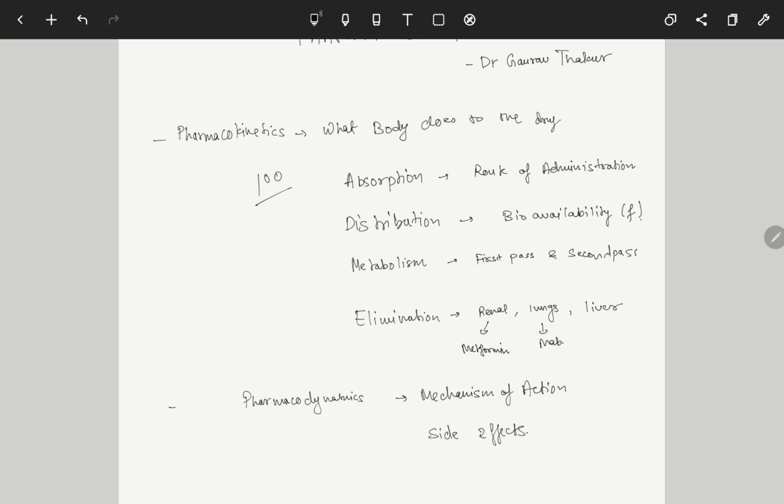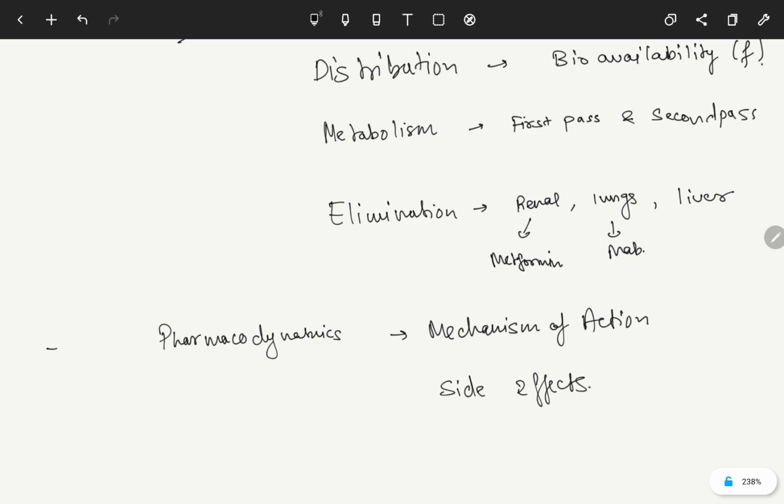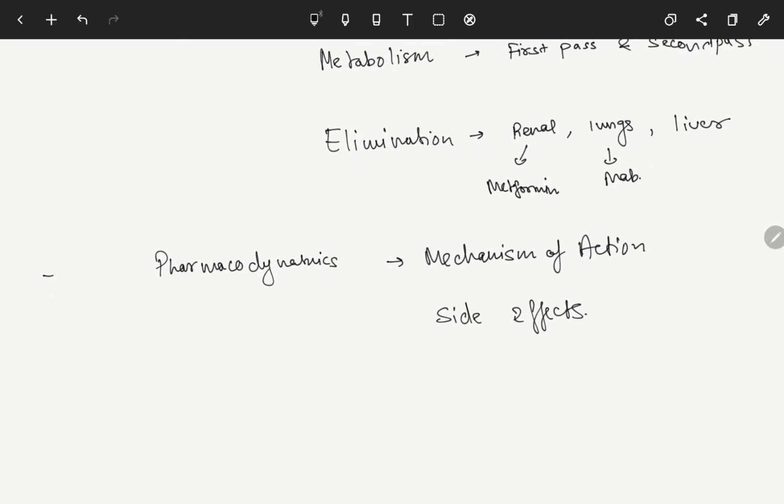Then there is elimination. Elimination is done by the kidneys, lungs, and liver. The kidneys will basically excrete the drug, some monoclonal antibodies are excreted through the lungs, and most of the drugs are metabolized by the liver.